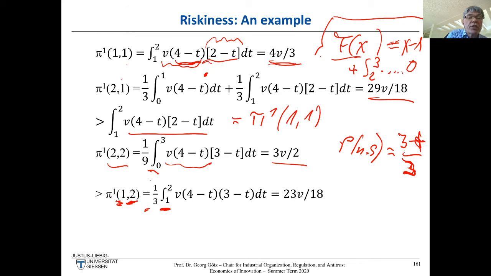The 1/3 comes from the probability of the rival not being successful, and you have a density of 1, that's why the 1 is not here. You get 23v over 18, and again 23/18 is smaller than, expanding by 9, 27/18.